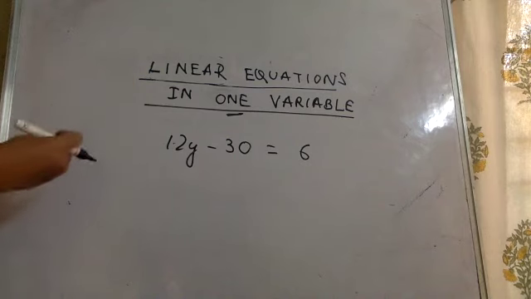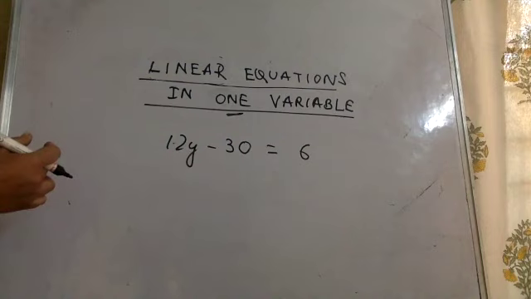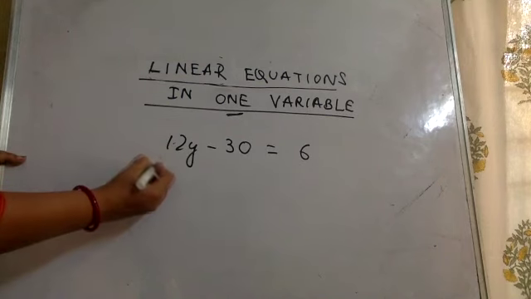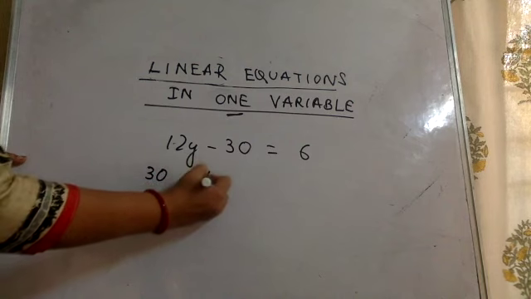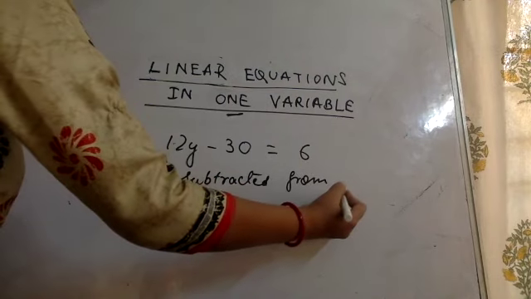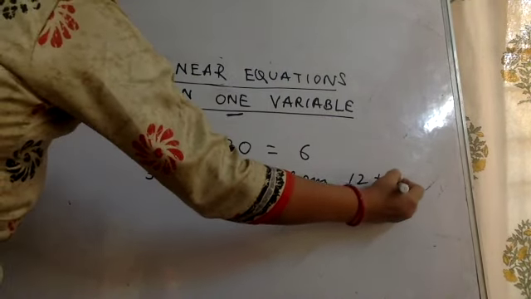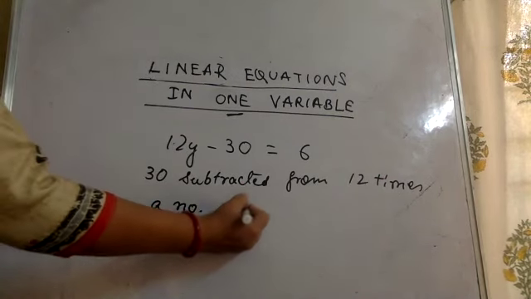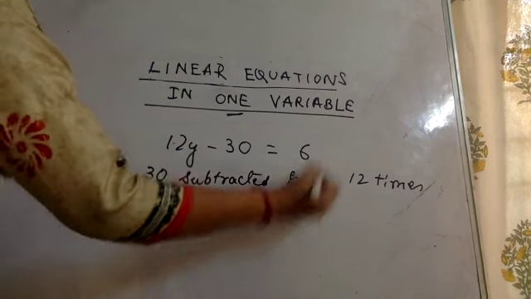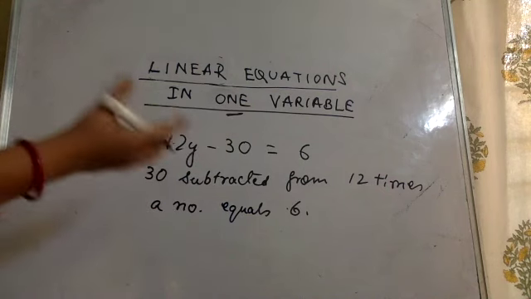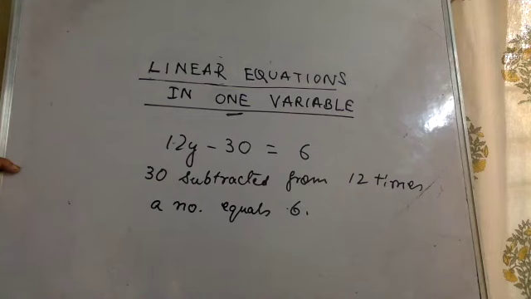We will try and convert it to a statement, that is in words. 30 subtracted from 12 times a number equals 6. Okay, 30 subtracted from 12 times a number equals 6. This is our statement.